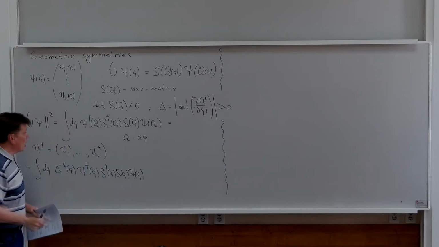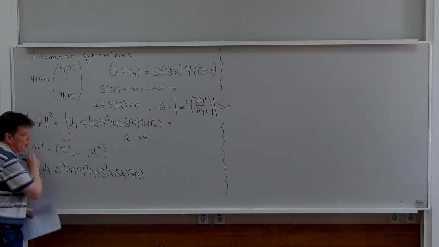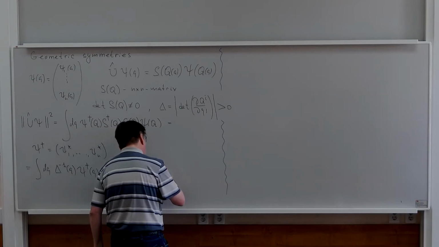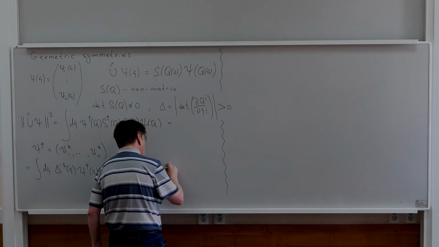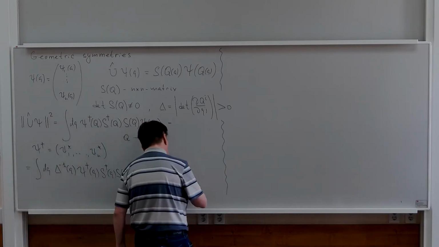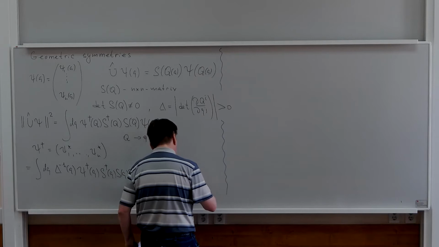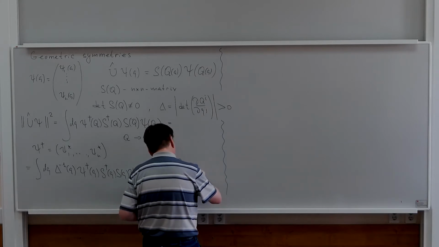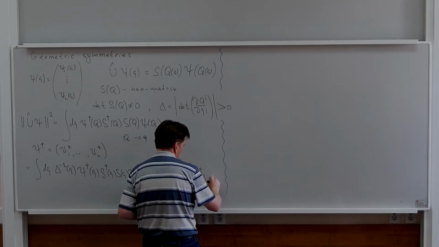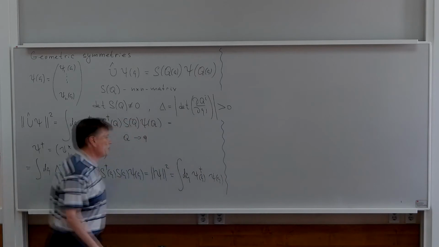And if the operator U is unitary, this is equal to the norm squared of the original non-transformed state psi. And this norm is given by the integral over q space of psi dagger of q, psi of q.